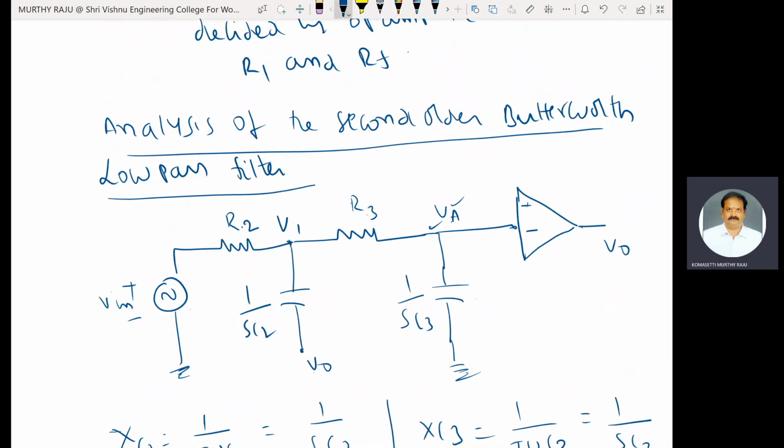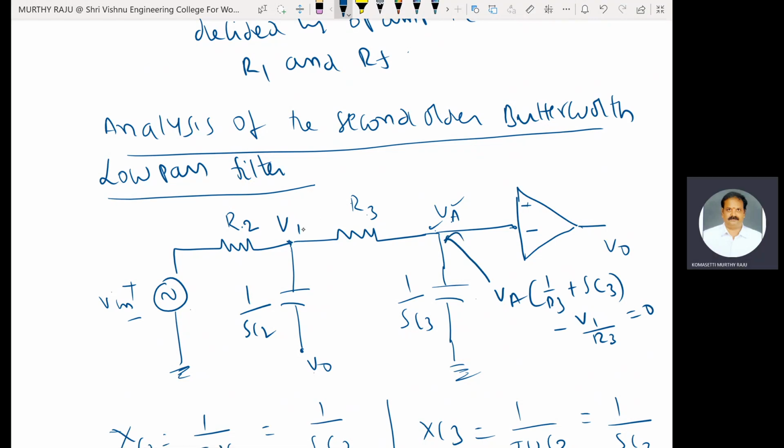At VA, what are the admittances connected to this VA node? 1 by R3 and S C3, minus adjacent node voltage V1 by R3 is equal to 0. This is the nodal equation at this node.